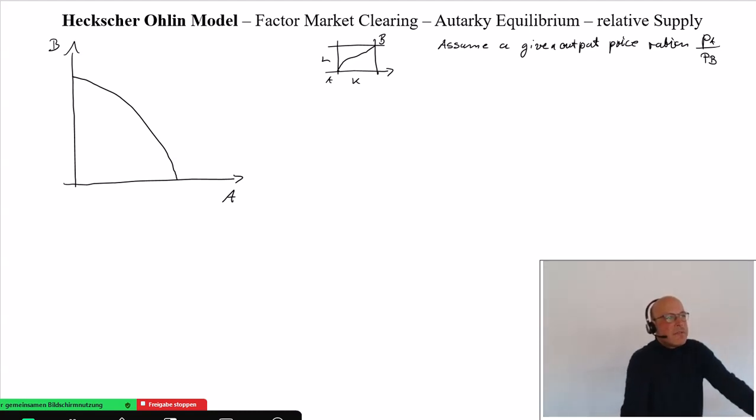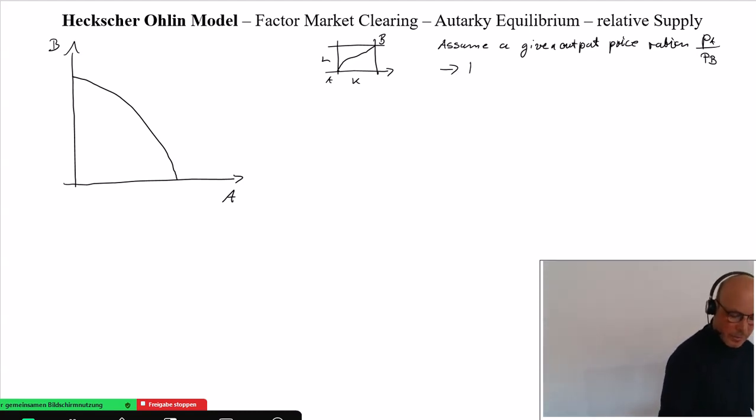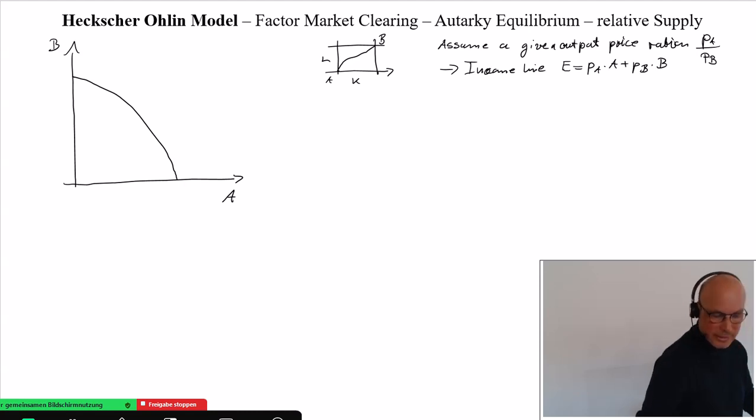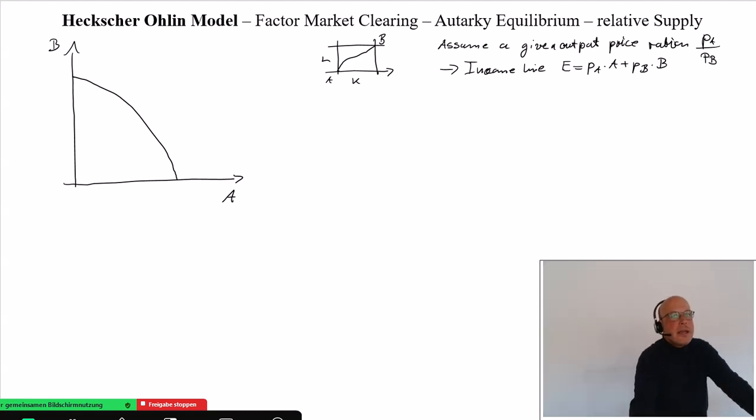What have we done in the Ricardo model and in the specific factors model? There we had our income line. So our income line was E equals PA times A plus PB times B, represented by this linear equation.